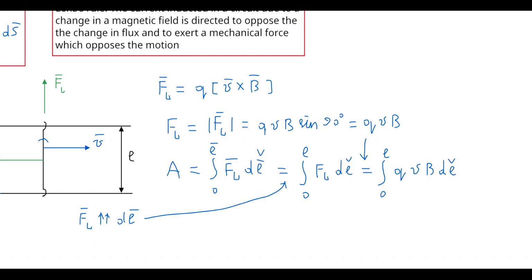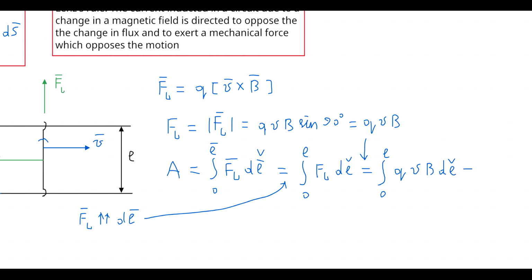And Q and V and B don't depend on element of the rod dl. So it means that these values may be written outside of the integral.